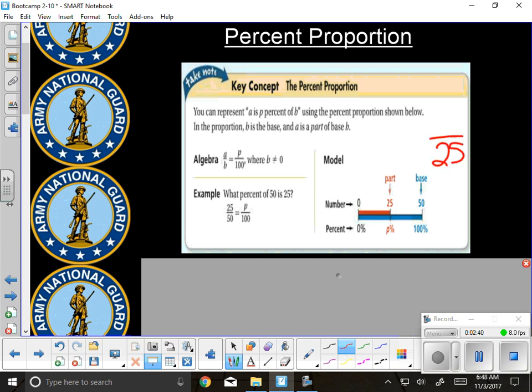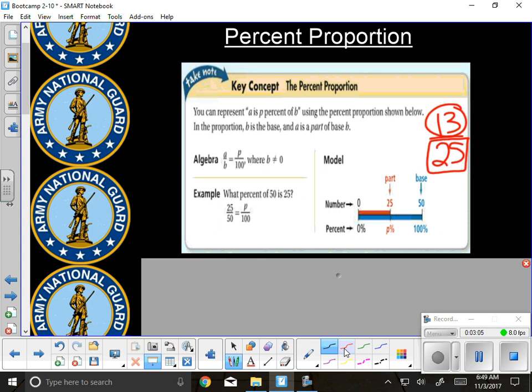Out of those 25, only 13 have a dog at home or have a pet of some sort. So this would be considered the whole, which is 25, and the part would be 13. And that's expressed here where it says A over B equals P over 100. So then we could find the percent of the students in the class that have pets.